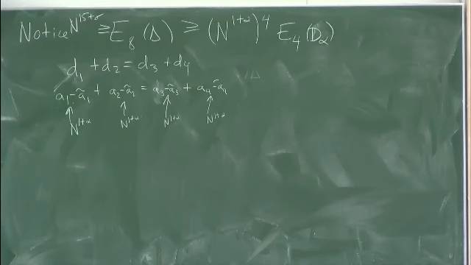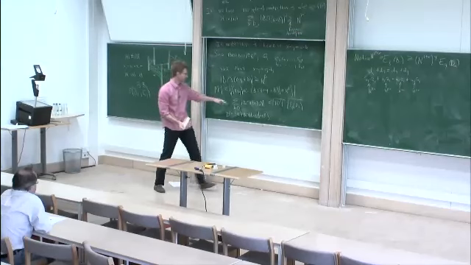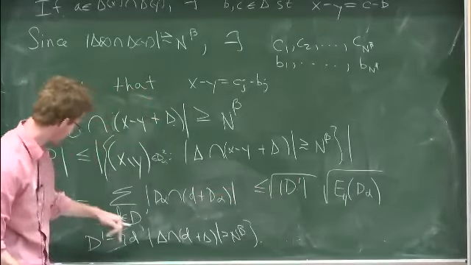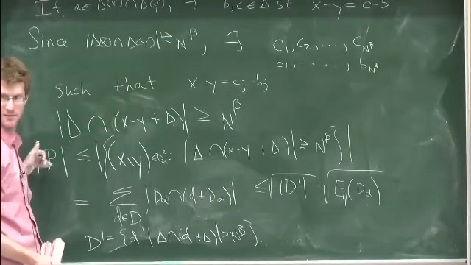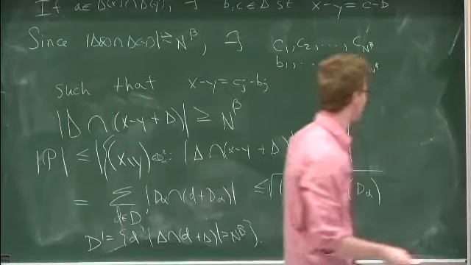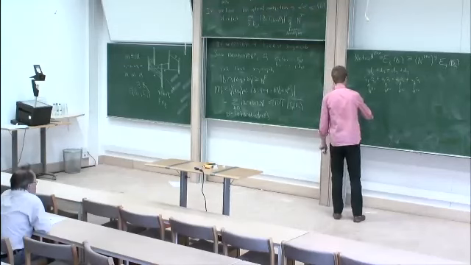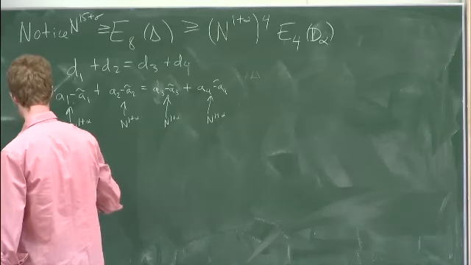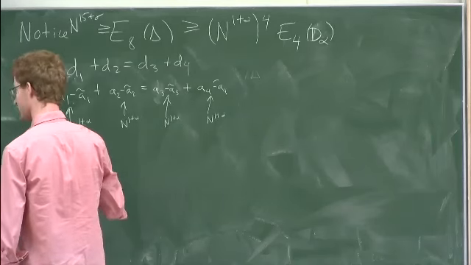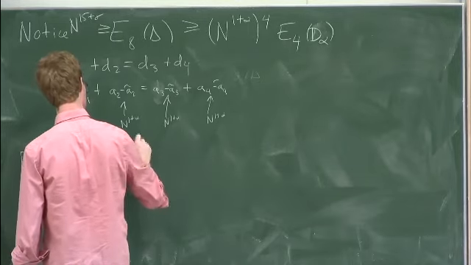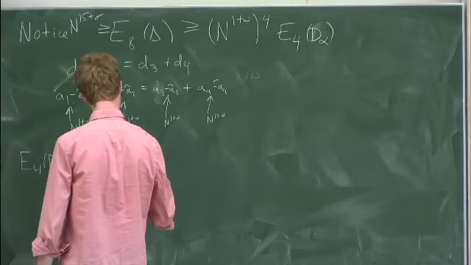So notice that that lower bound depends on a couple of things. It depends on the size of d prime, which depends on this number beta, and it also depends on the number of pairs there. So E4 of d alpha is bigger than the number of pairs squared divided by the size of the set that it goes into.